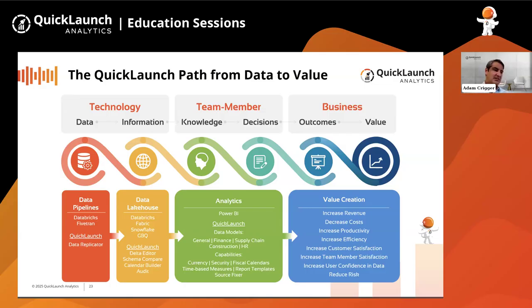Then on the analytics side, typically what we do with Power BI is build enterprise-grade models that become that single source of truth. That becomes the engine that drives and feeds the knowledge to make those decisions. And if we look at the far right, it's through those decisions that the outcomes really start to occur, and that's where you start to thrive.